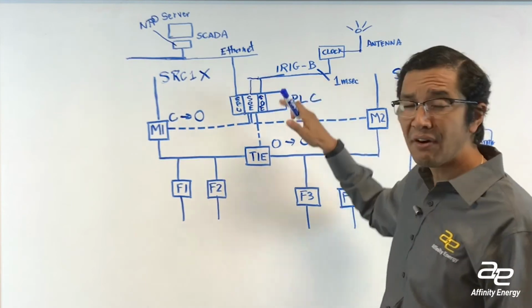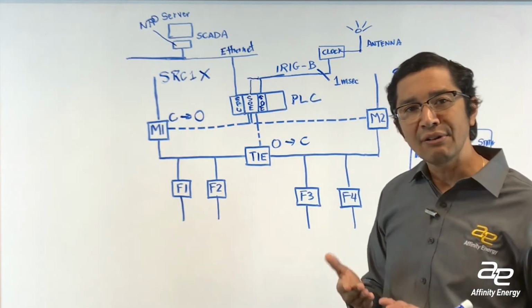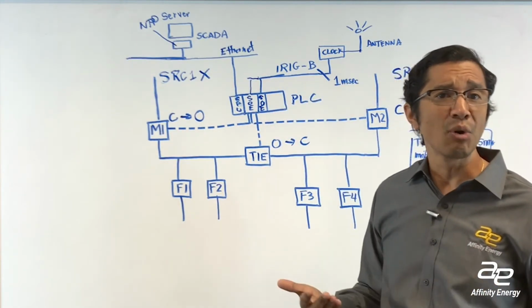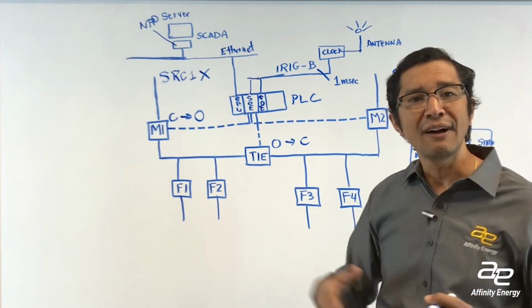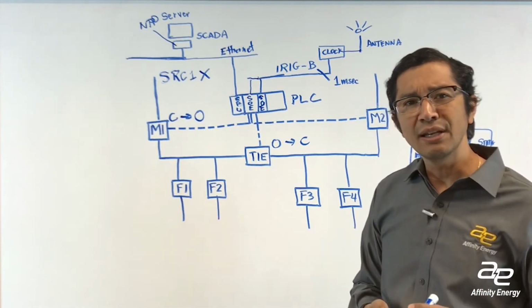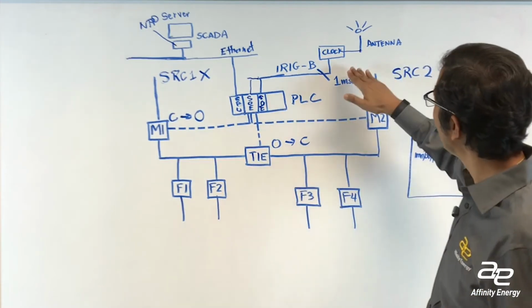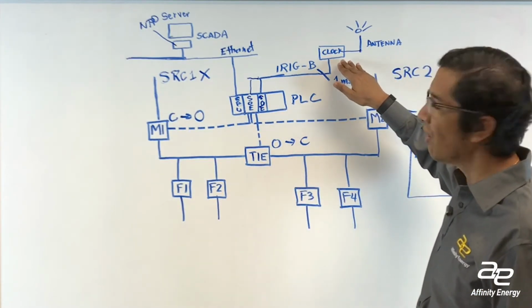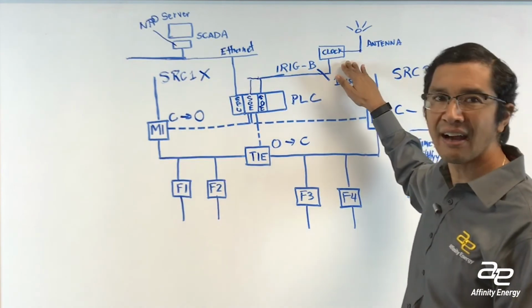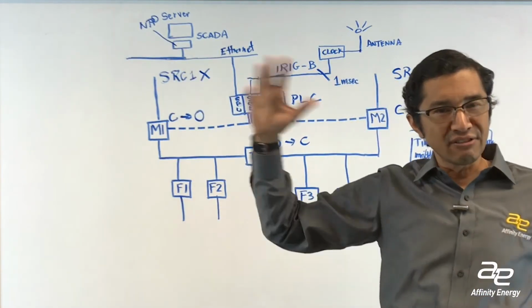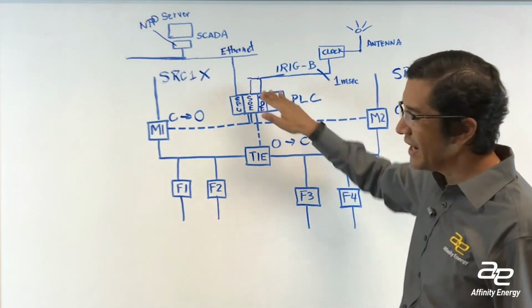They make converters that will convert your IRIG-B coax signal to fiber optic, and then you can transmit over fiber optic. The only thing you need to be aware of when you specify is that some people think, well, I could reduce my hardware costs by having fewer clocks in my system, or having more distributed clocks and shorter networks.